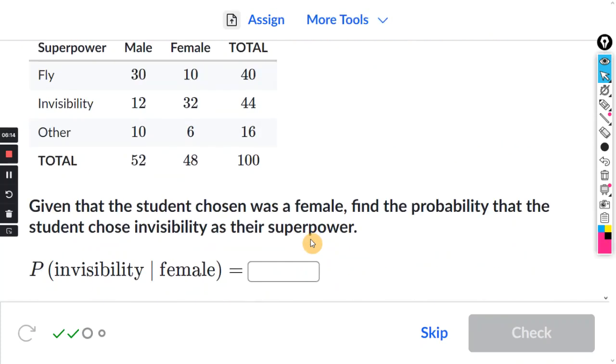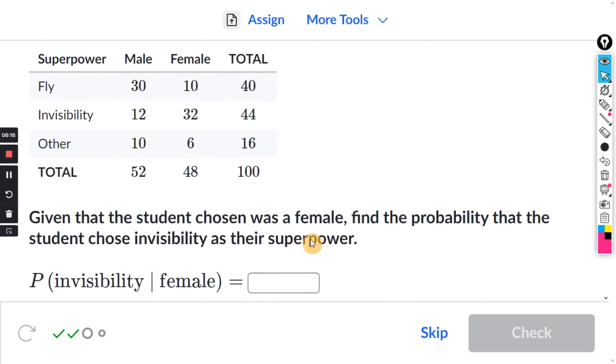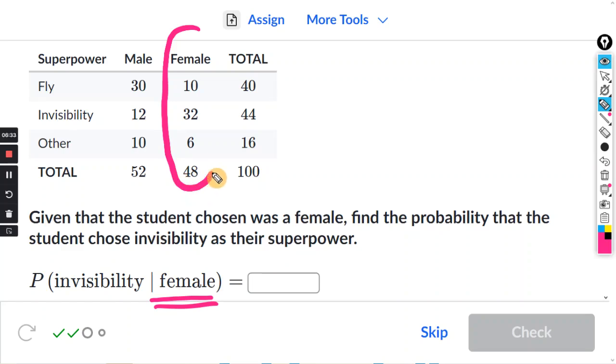So, you don't even need the formula really for this one. We want to find the probability of invisibility given that it's female. So it's given that the person is female, and here is the column for female. We are limiting ourselves to this column right here because it's given that the person is a female.